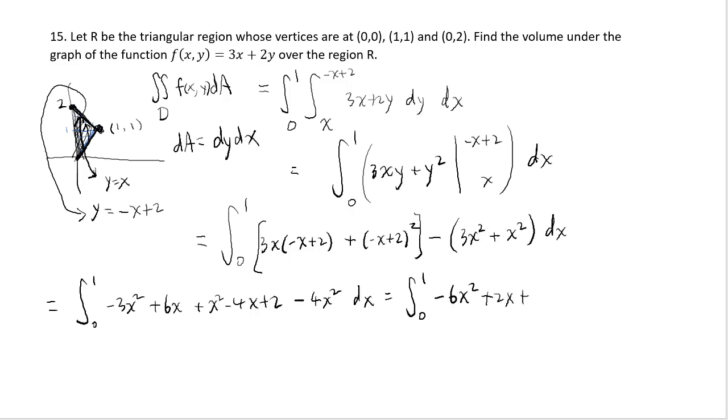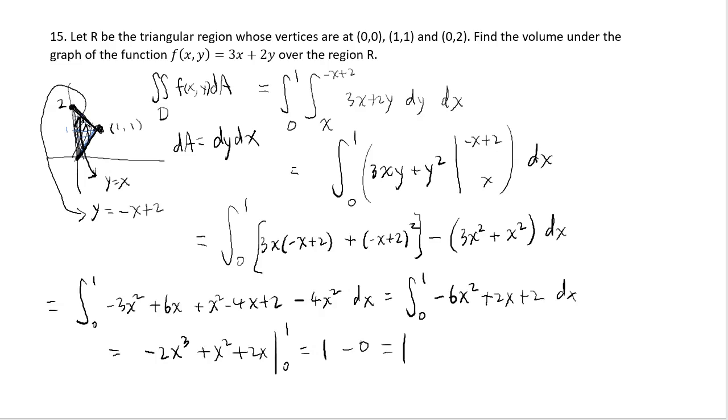And then you have 2 dx, which is negative 2x cubed plus x squared plus 2x, and you plug in 0 to 1. So if you plug in 1, it's just 1. If you plug 0, it's 0. So it's 1. That's the answer.